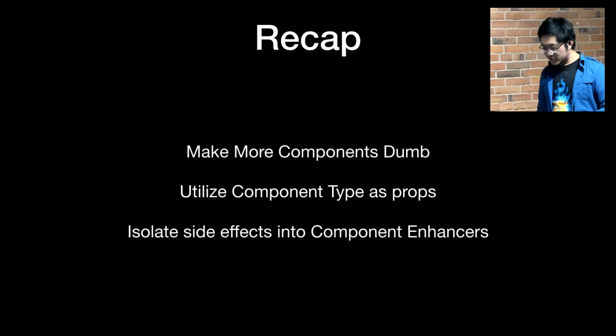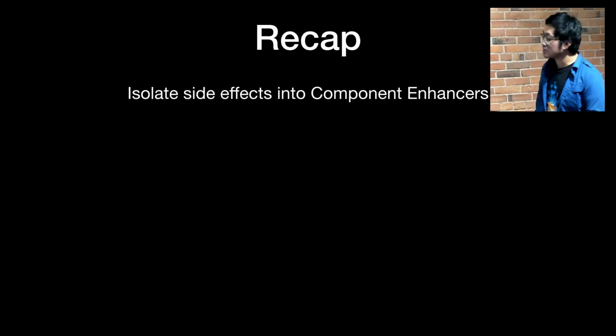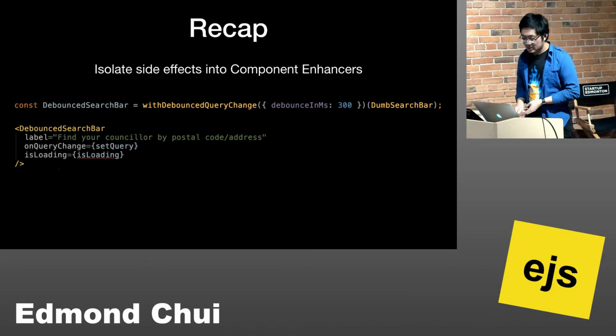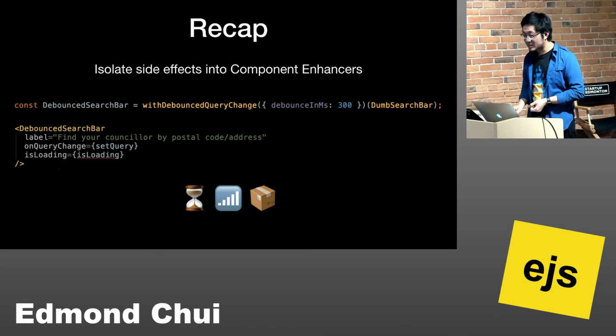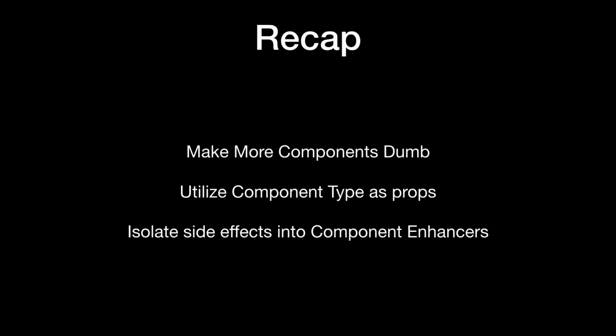And finally, we'll use component enhancers to isolate side effects. So that includes any network calls, any setTimeouts, any disk access, reading and writing. And with these three tools, we can have testable, engineered components in our app. And I'm going to leave you with a bonus.